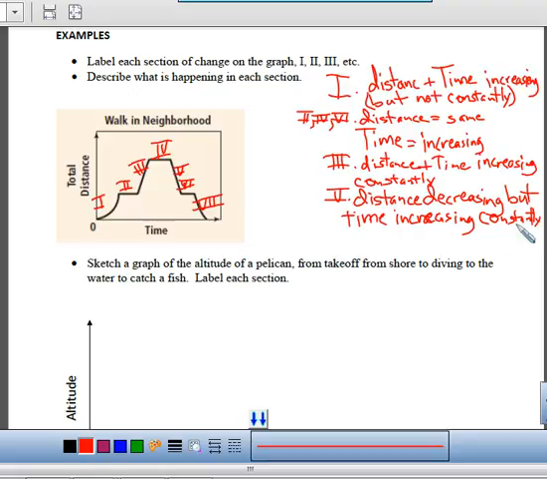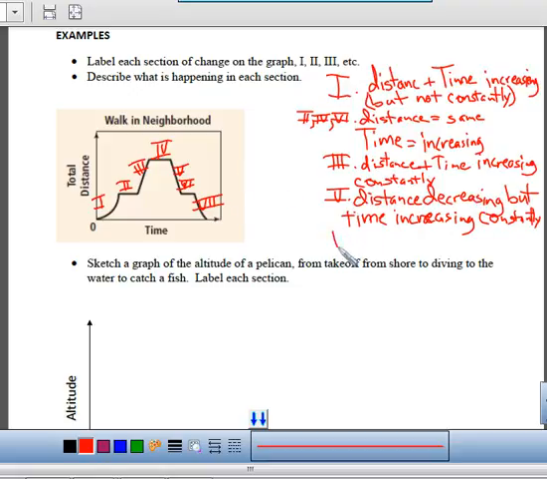Big idea to understand what the word constant means. It basically describes, in a graph, a linear situation. Okay? So the distance is decreased. So in other words, the person is heading back home.